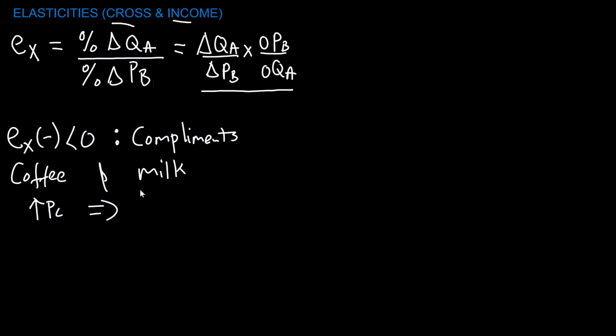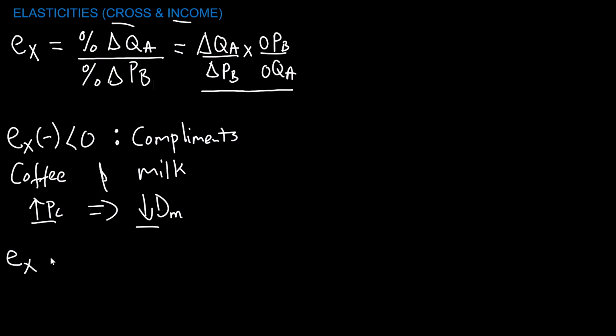Hence, people are going to be buying less milk. Hence, the demand for milk is going to go down. So we have a negative relationship between the price of coffee and the demand for milk, which gives us a negative cross elasticity of demand.